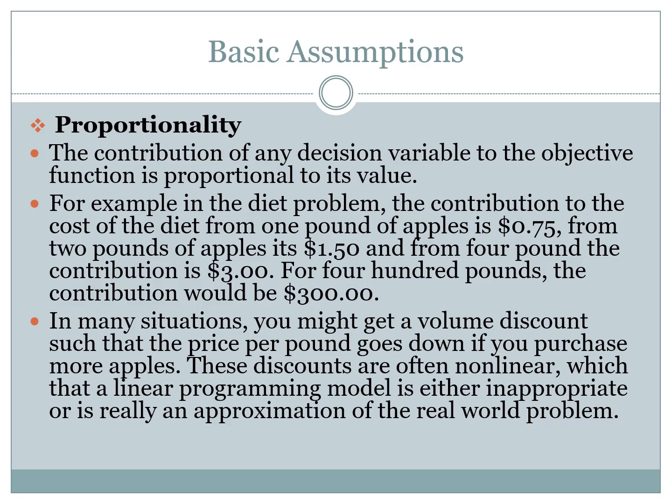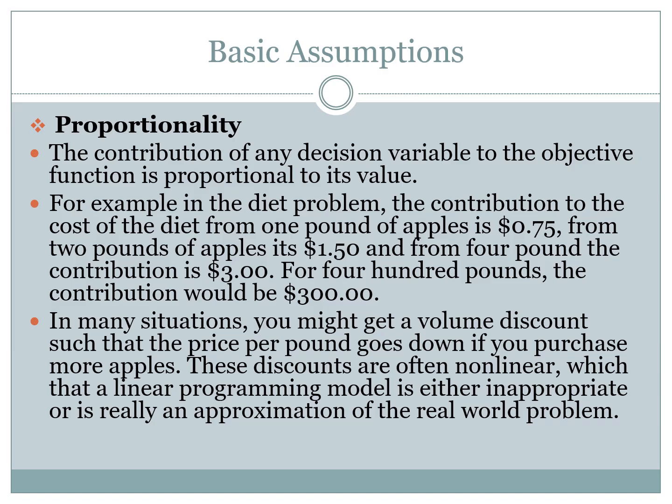First one is proportionality. The contribution of any decision variable to the objective function is proportional to its value. For example, in the diet problem, the contribution to the cost of the diet from 1 pound of apple is $0.75, from 2 pounds of apple is $1.50, and from 4 pounds the contribution is $3.00.